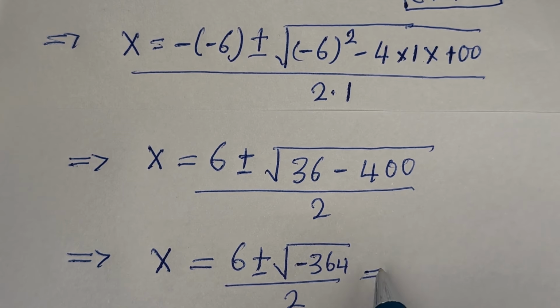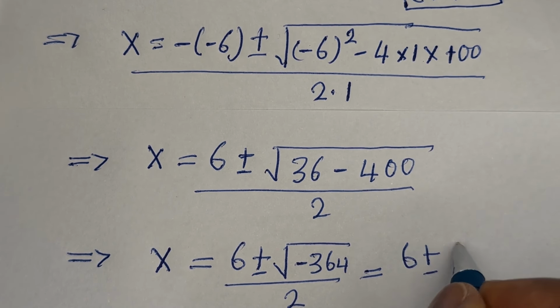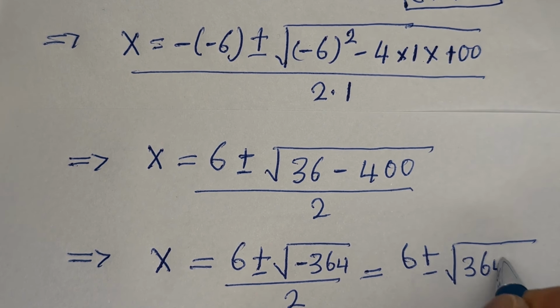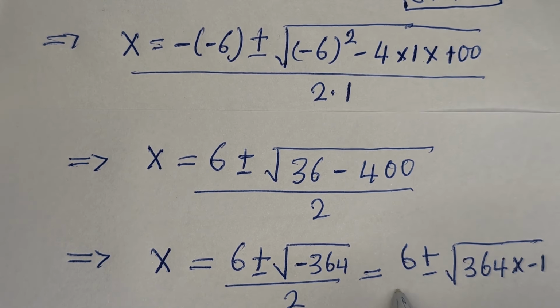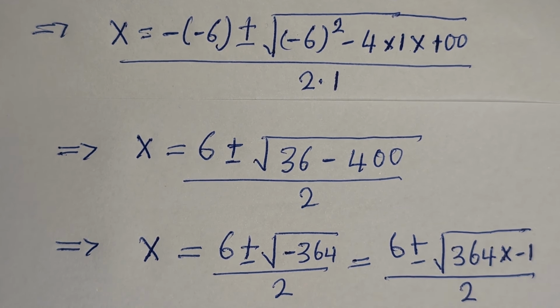And this is equal to 6 plus or minus square root of 364 multiplied by minus 1 over 2.